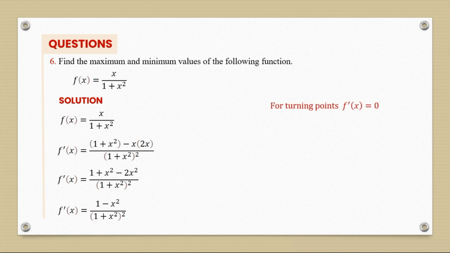Now that I know that, I can see that for turning points, the derivative of f(x) shall be equal to 0. So we're going to equate this to 0. When I do that, I'll remain with 1 minus x squared being equal to 0, because when I cross multiply, the denominator will multiply 0 and it will become 0. So I can find 1 being equal to x squared.